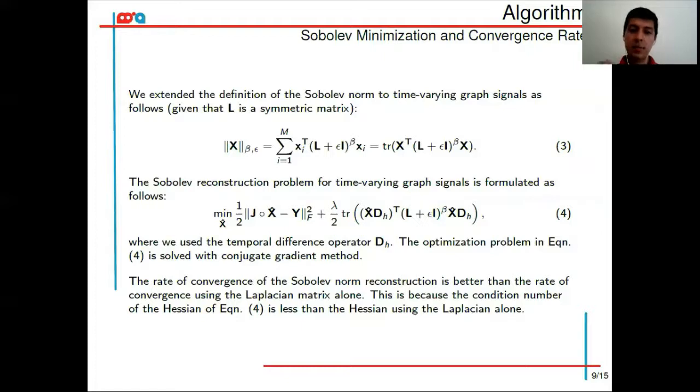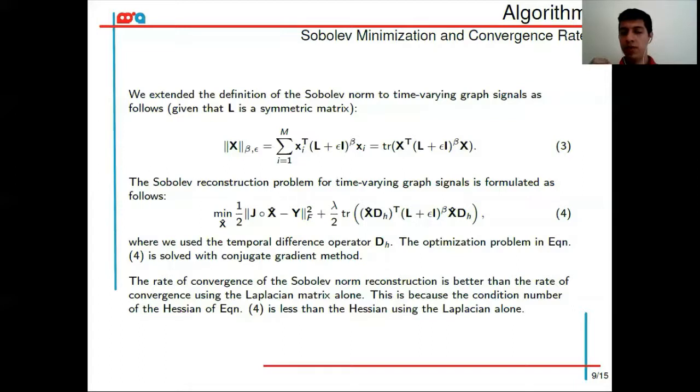The nice thing about the Sobolev norm is that this problem has a better convergence rate than using the Laplacian alone. That is because the condition number of the Sobolev norm is better than using the Laplacian. That is because the first eigenvalue of the Laplacian is 0 when we have connected graphs.